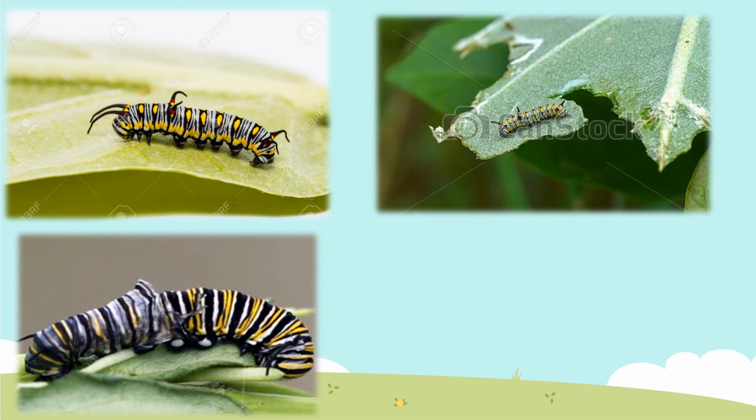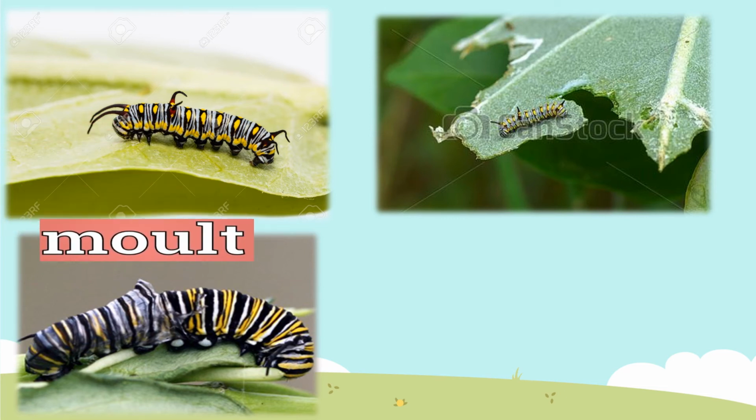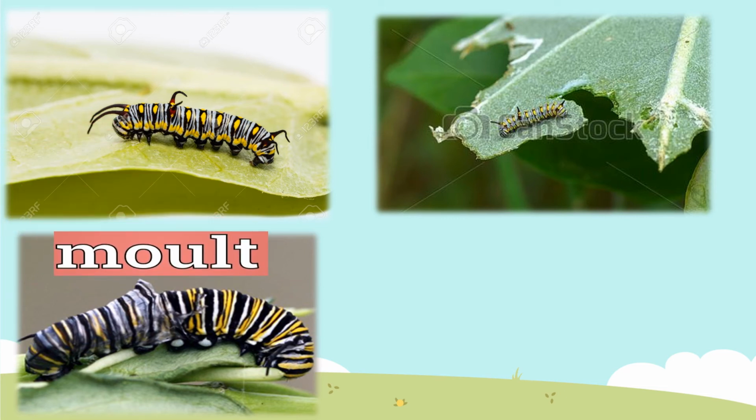At this stage, the caterpillar sheds its old skin and replaces it with new skin. This process of shedding skin is called molting. That means it molts the old skin.